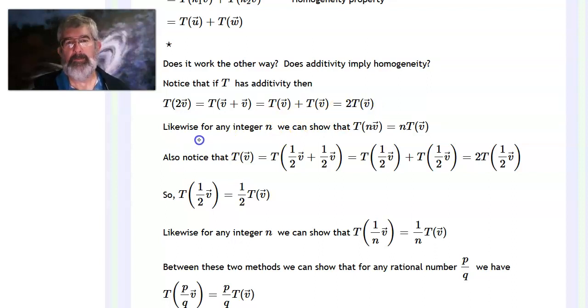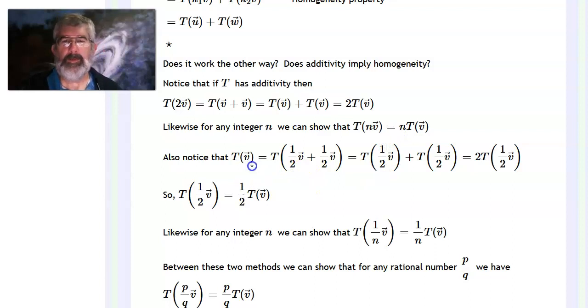I could do it with 3v too, so v plus v plus v, and split that up and end up with this. So it actually turns out for any integer n, I can show that T of n times v is n times T of v. Now this doesn't prove homogeneity yet, because homogeneity is for all real numbers. So all I've done so far is all the integers.